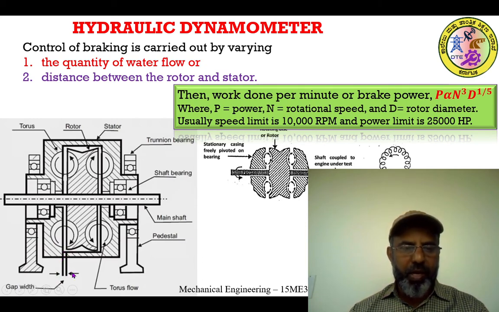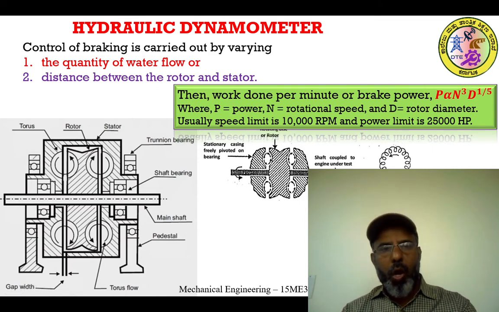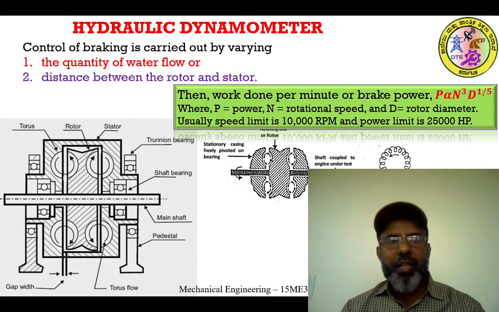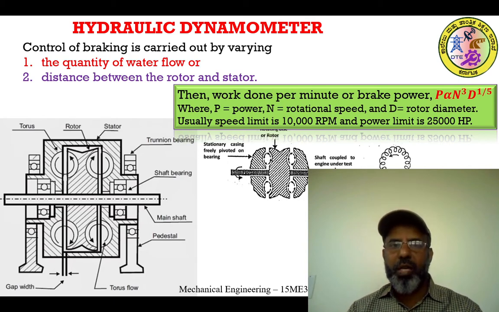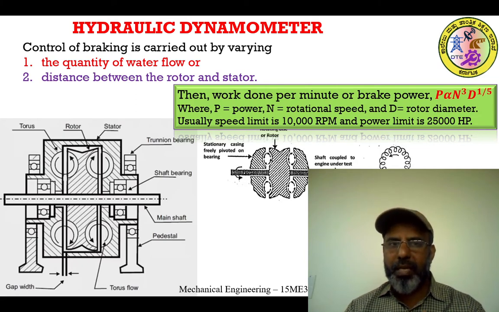This is the gap width, or the distance between the rotor and stator. By varying either of these, we can control the braking capacity in the case of a hydraulic dynamometer.